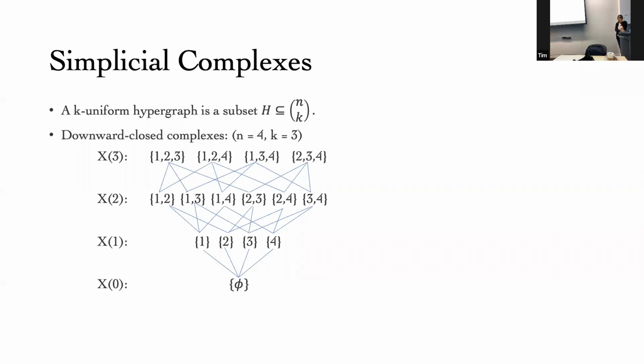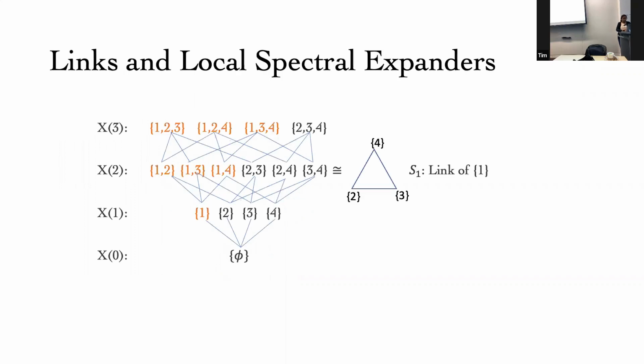Now we will define special sets on this complex and random walks on this complex, which basically generate Johnson graphs and many other graphs. So let's define these special sets called links. For example, look at the link of 1. We just take the vertex 1 and look at everything that contains 1.